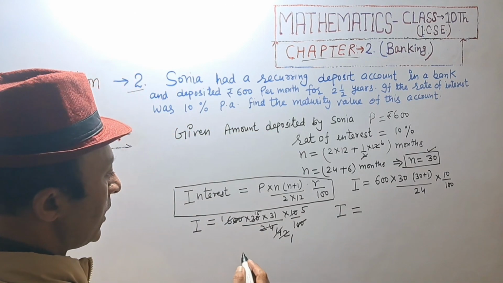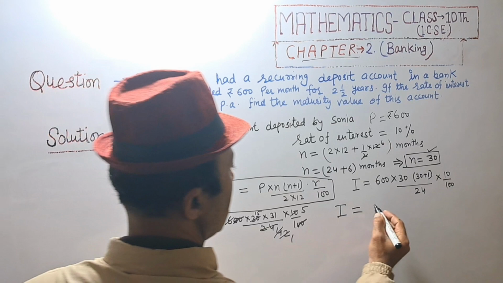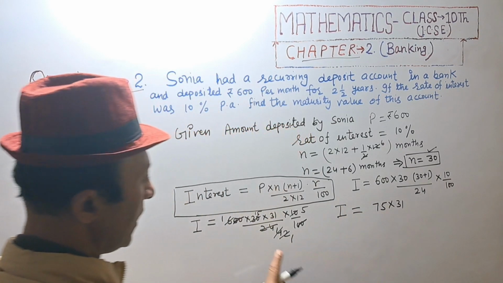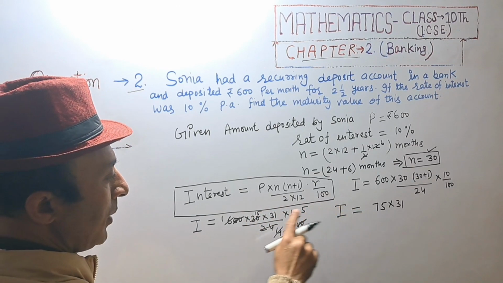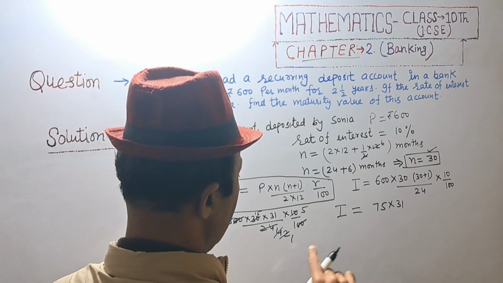Interest is equal to 15 into 5, 75 into 31. 15 fives are 75, multiplied by 31, and the denominator is equal to 1.